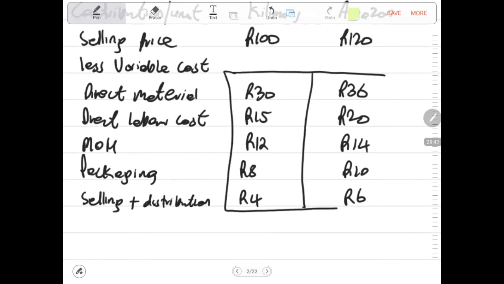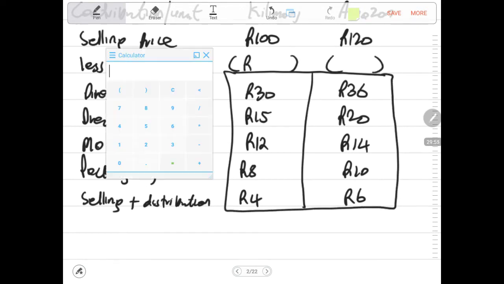We have total variable costs here, which is 30 rand plus 15 rand plus 12 rand plus 8 plus 4. It gave us a total of 69, minus 100.